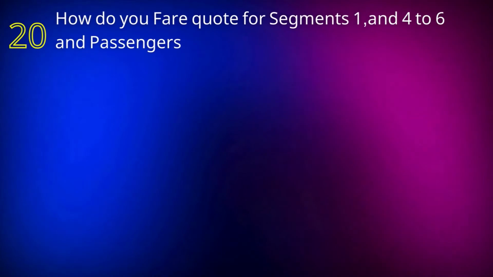How do you fare quote for segments 1 and 4 to 6 for passengers 1 and 3 to 5?